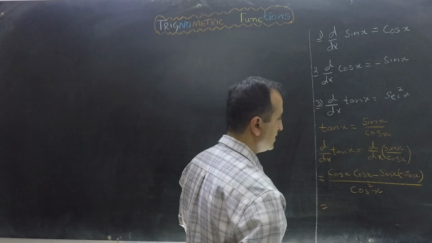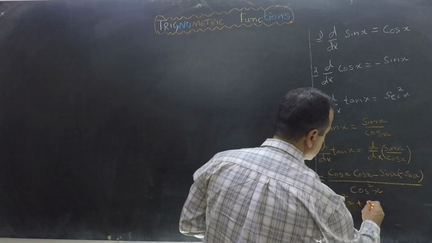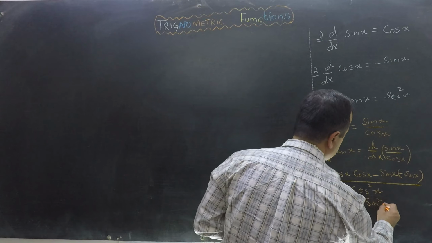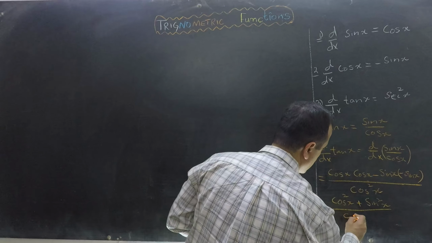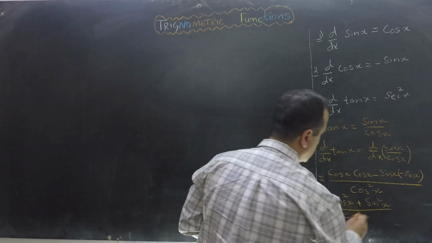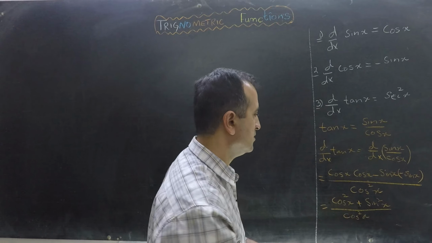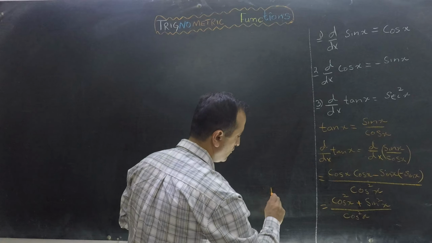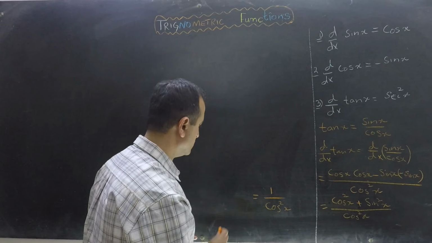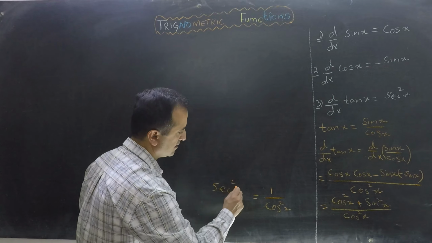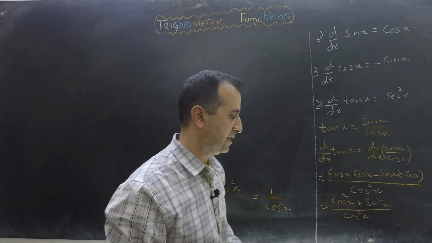Now we simplify it and we will get cos square x plus sin square x in our numerator, and in the denominator we will have cos square x, and we know that cos square x plus sin square x is equal to 1. So this will be equal to 1 over cos square x, and that is equal to secant square x. Therefore derivative of tan x is equal to secant square x.